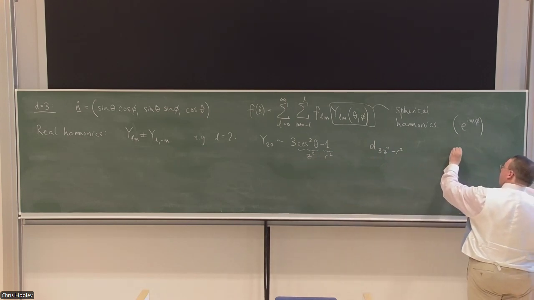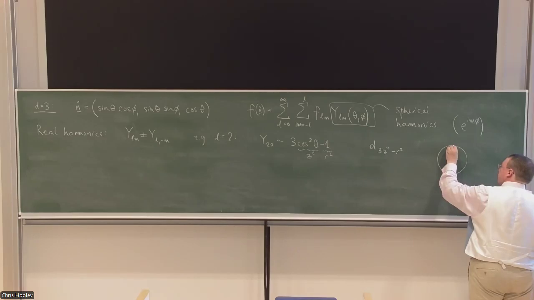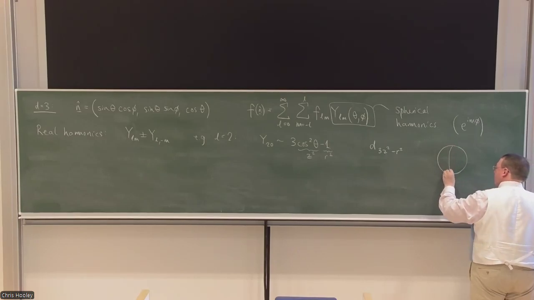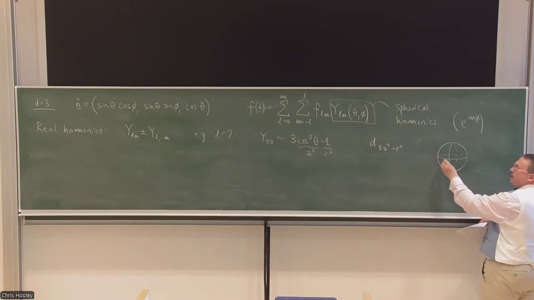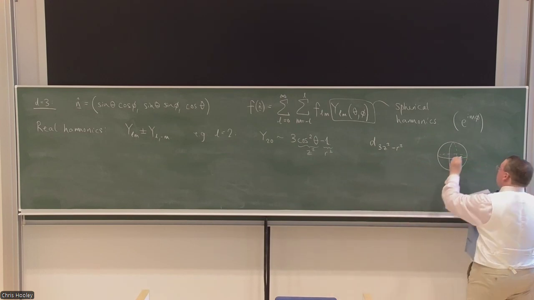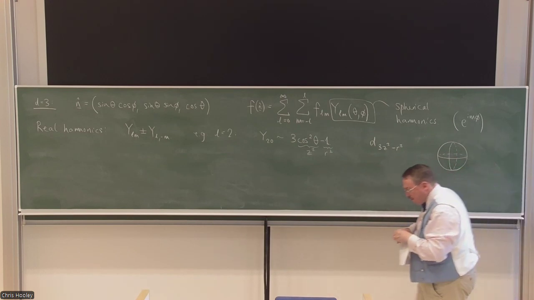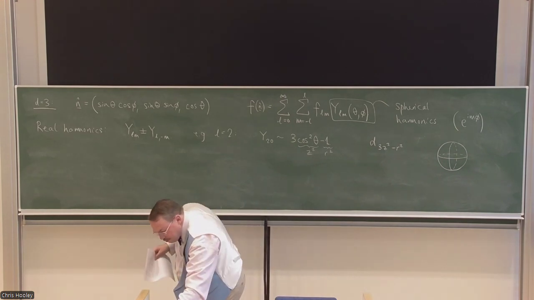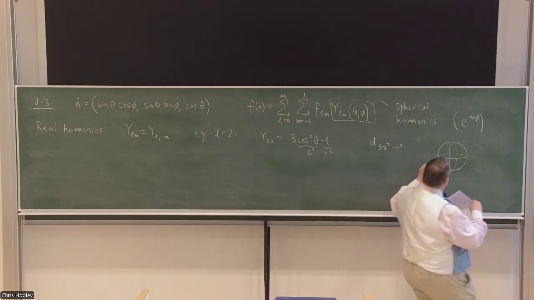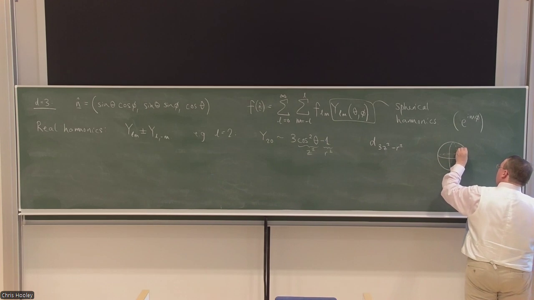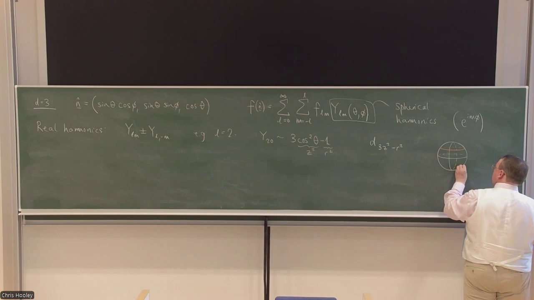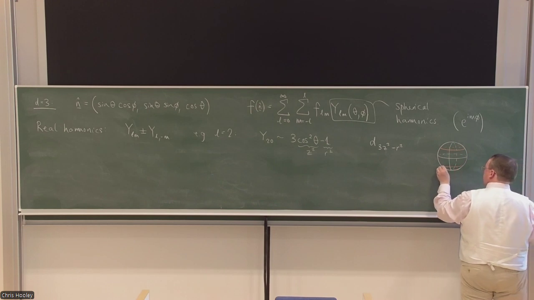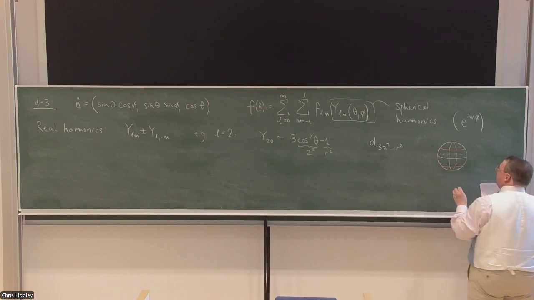And if we draw it, this is harder to do, but let's try. So it's got a nodal line around the sphere at this height, 53 degrees or thereabouts. And it's got a partner, obviously, in the southern hemisphere.